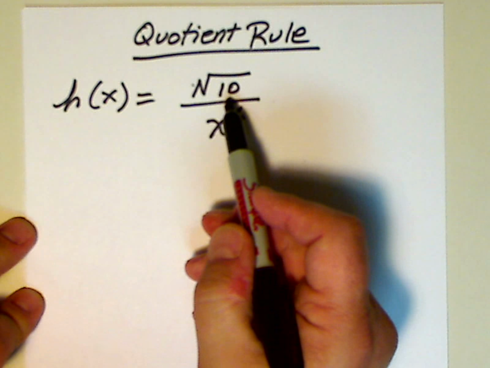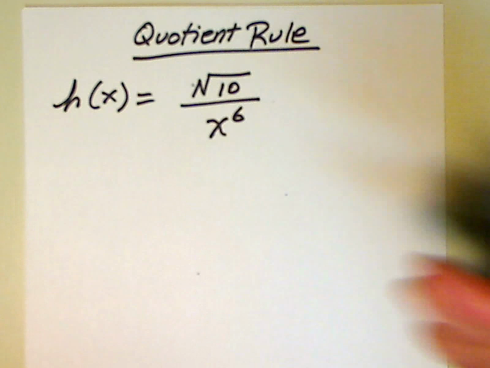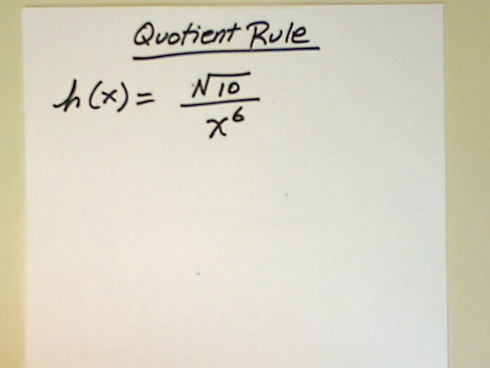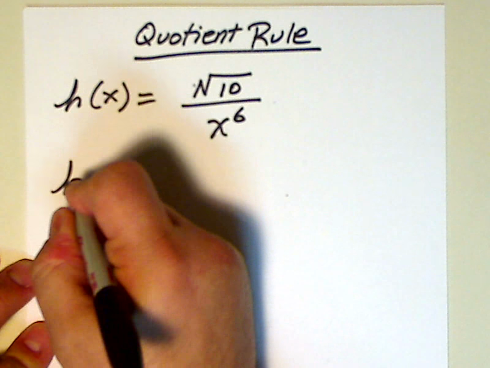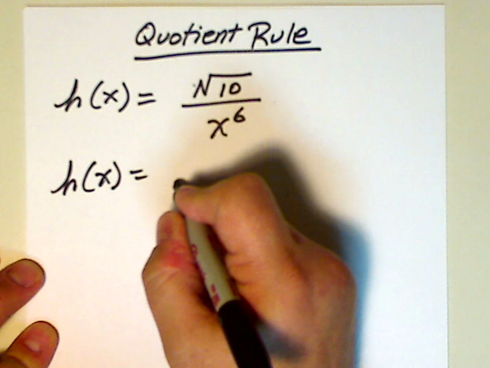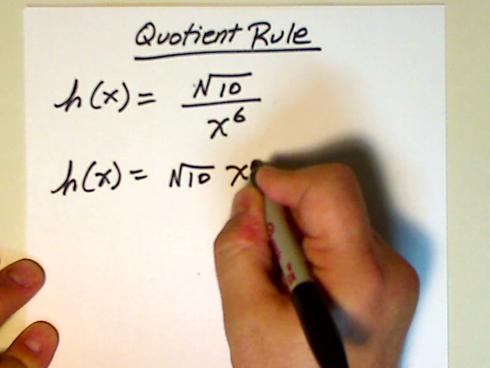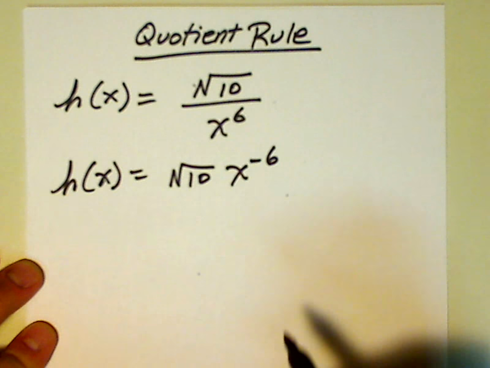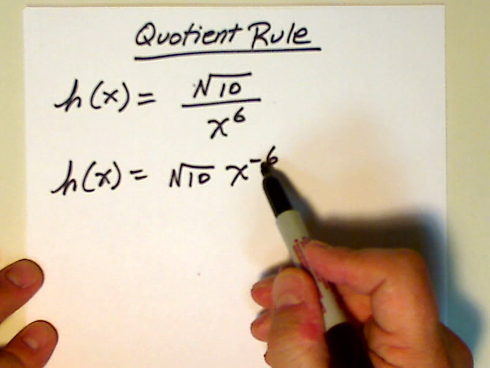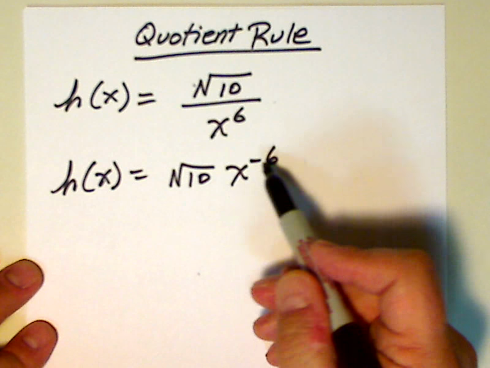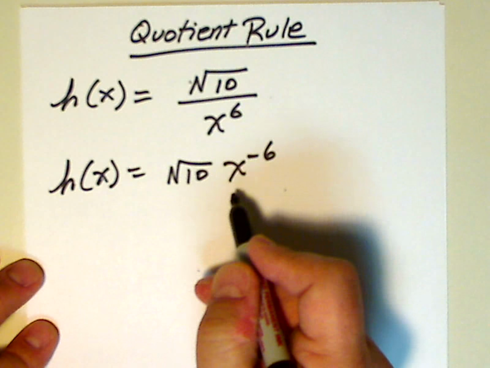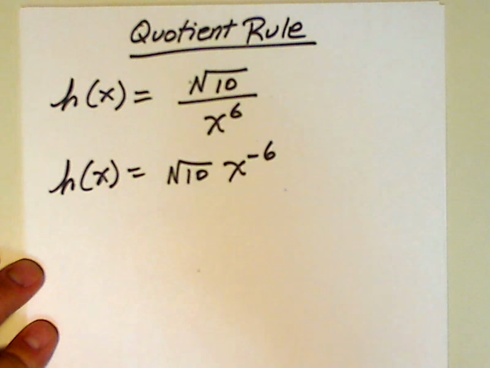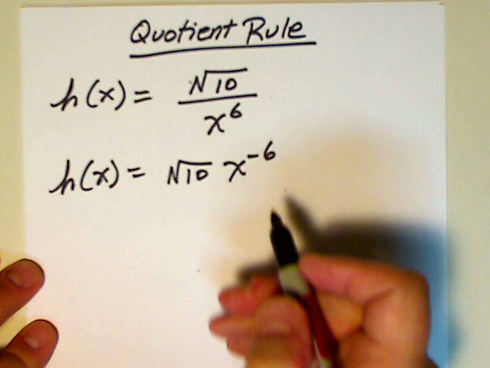Well, square root of 10, it's just a number like 5 or 12. Square root of 10. It's just a constant. So let's rewrite this as the square root of 10 times x to the negative 6. Right? This negative exponent just says, hey, I belong in the denominator. So, okay, now it just becomes a regular power rule problem.